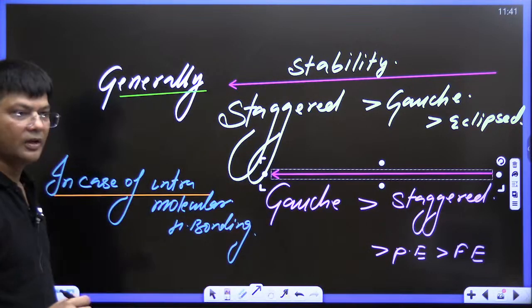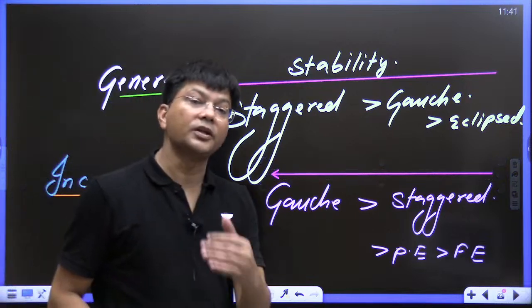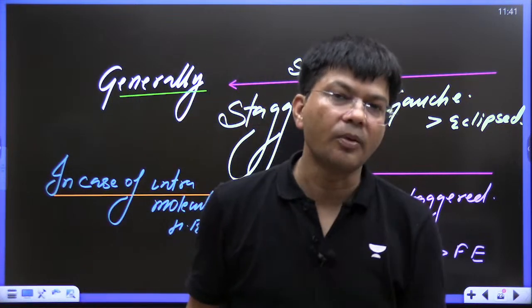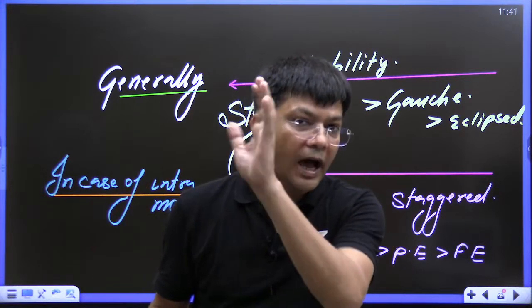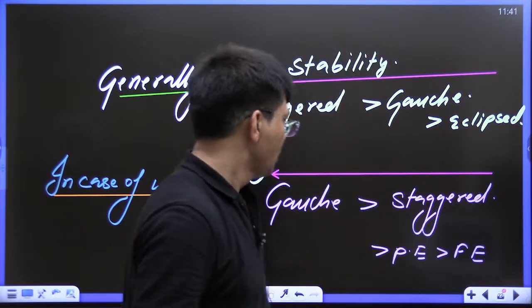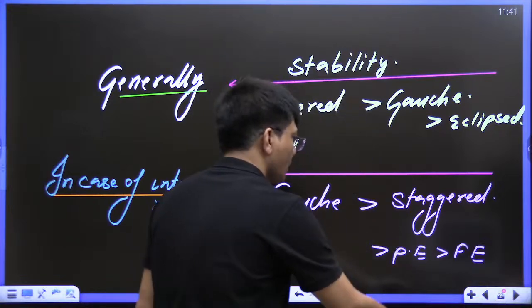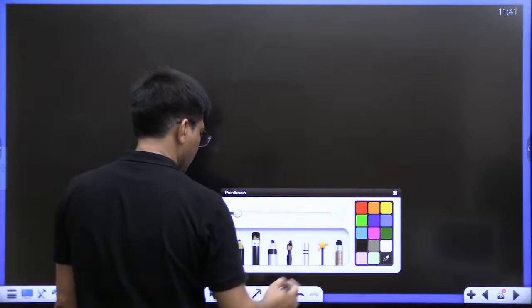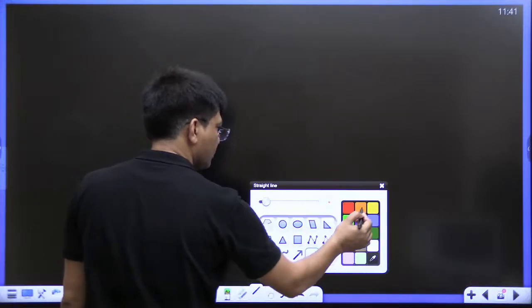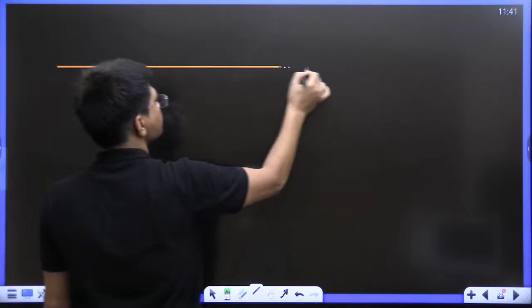Why it is like this, and how to find out whether the compound is having intramolecular hydrogen bonding or not? Try to find out. I'm going to give you the trick. First of all, let me tell you which atoms can form hydrogen bonding. Do remember, I'm going to let you know, kids, the most important thing.